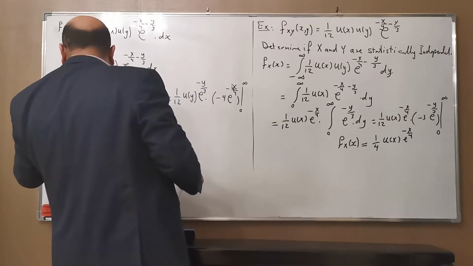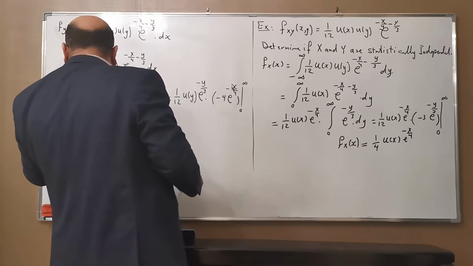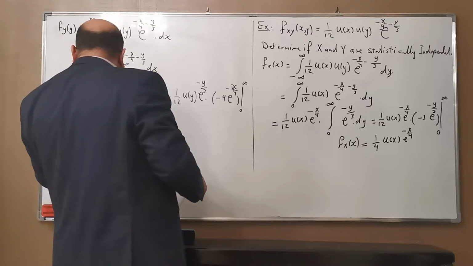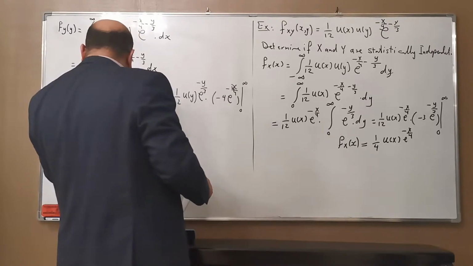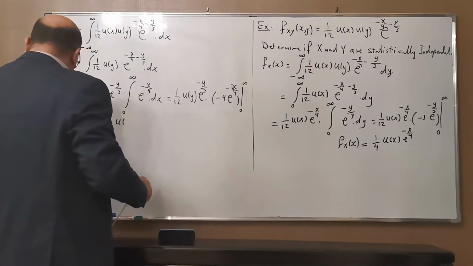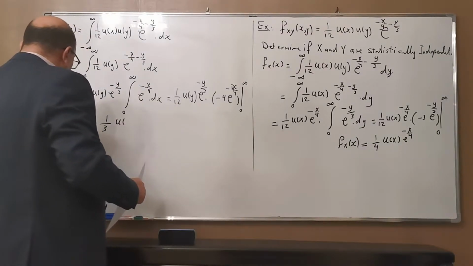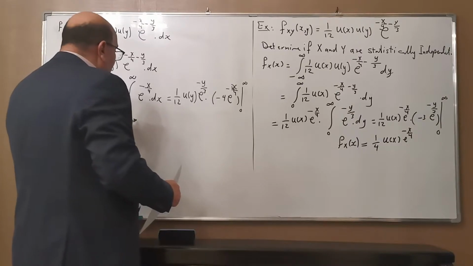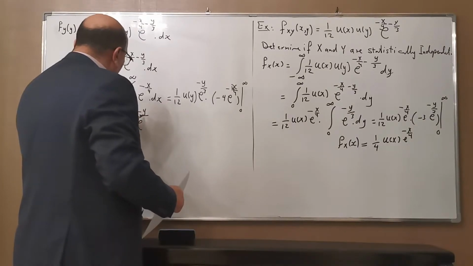So this is fy of y: fy of y equals 1 over 3 u of y e to the minus y over 3.